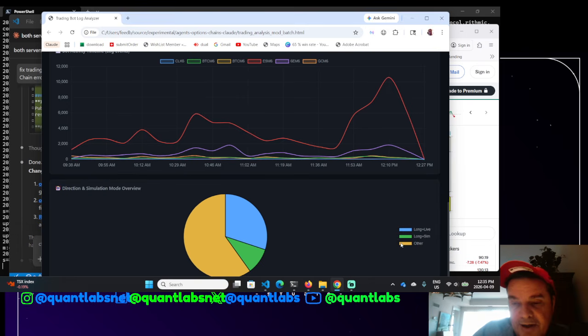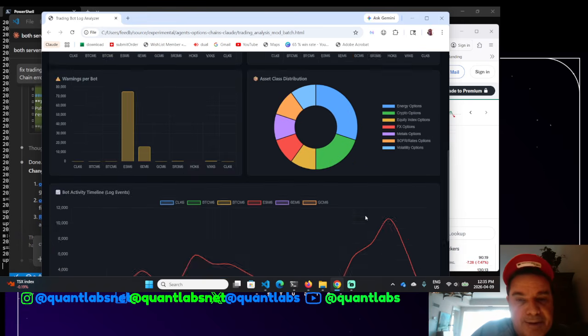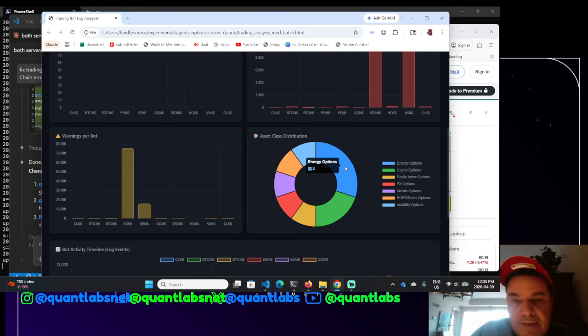Here are the types of things that are getting traded right now: energy options, crypto options, equity index options. Then we get into FX, metals options, interest rate, SOFR, financial options, and volatility.